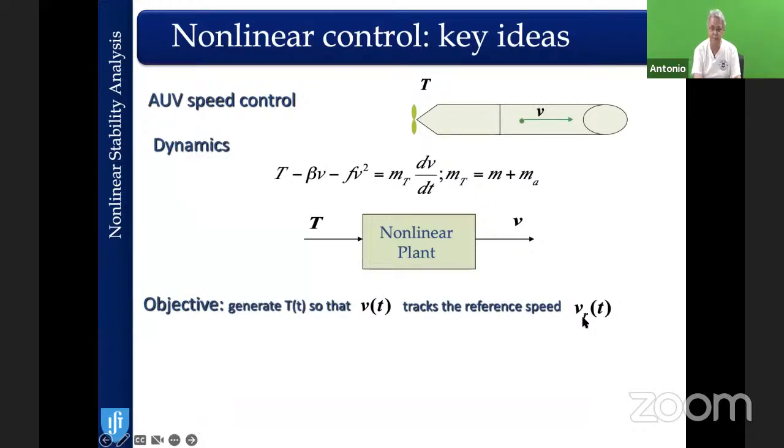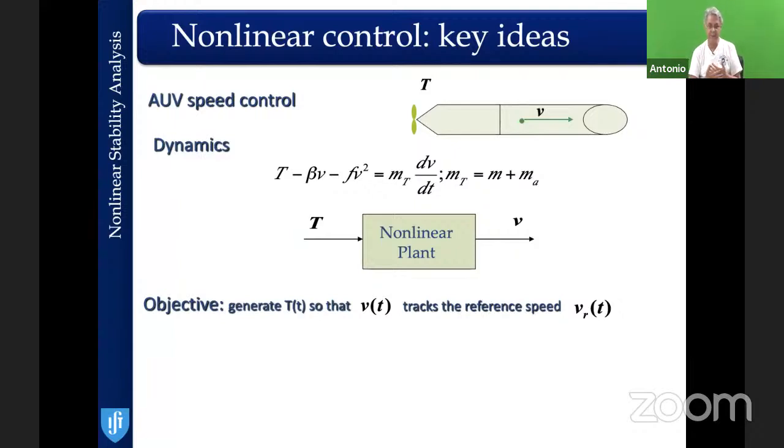That's the reference I wrote down there. So how do I formulate the control problem? Generate the thrust such that when time grows, the true V will converge to the reference V. So reference is desired, V is the true value of speed.